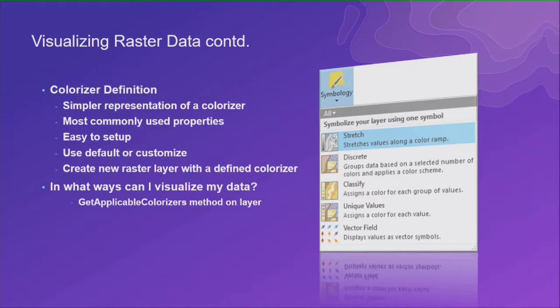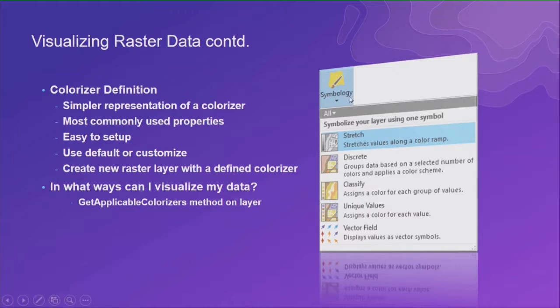You can use a default constructor or customize the commonly used properties when you create a colorizer definition. You can then either create a new colorizer based on the colorizer definition, or you can create a new raster layer with a defined colorizer definition as well. Now we have colorizer definitions for each of the colorizers in the system that we support. These are just a few of them right here: the stretch, discrete, classify, etc.